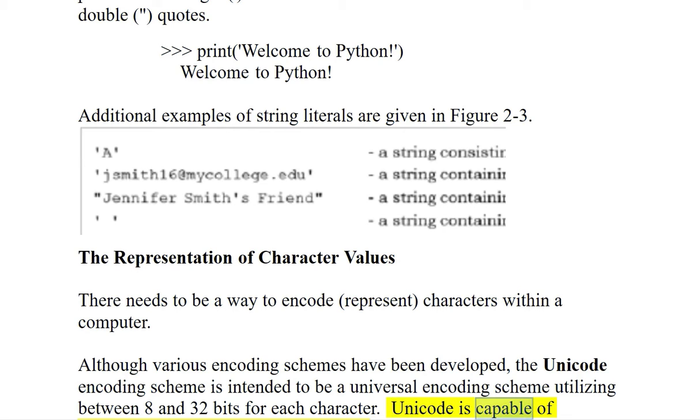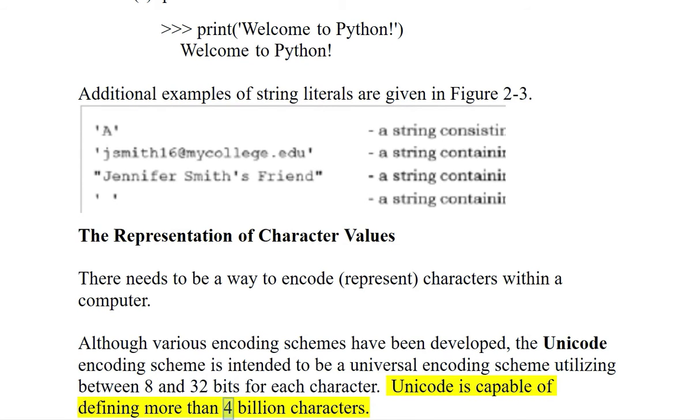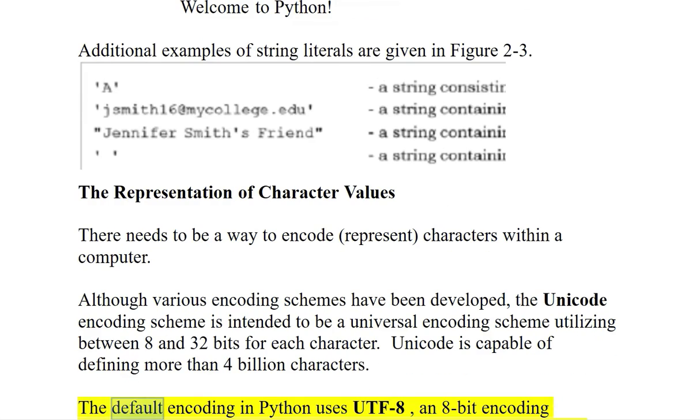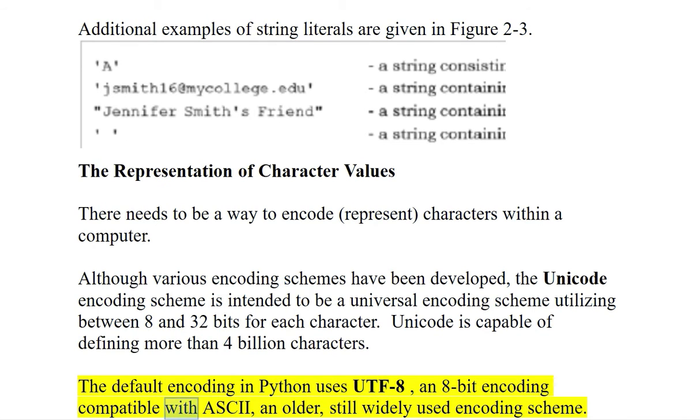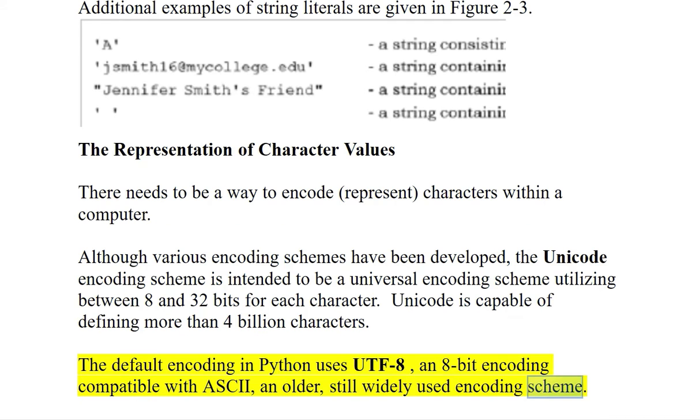Unicode is capable of defining more than 4 billion characters. The default encoding in Python uses UTF-8, an 8-bit encoding compatible with ASCII, an older, still widely used encoding scheme.